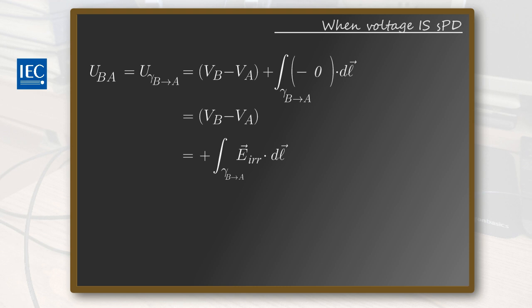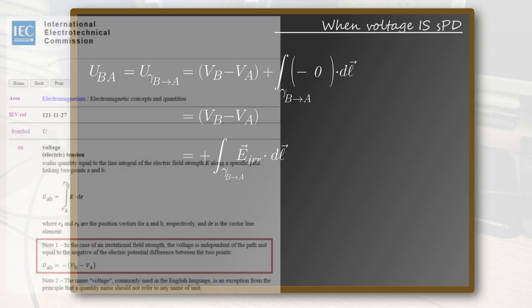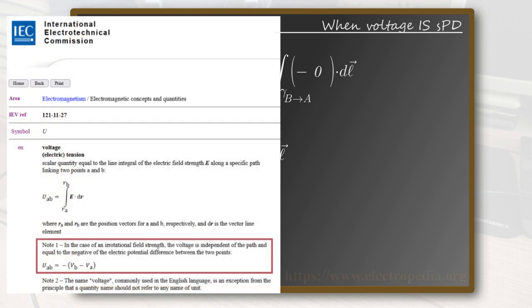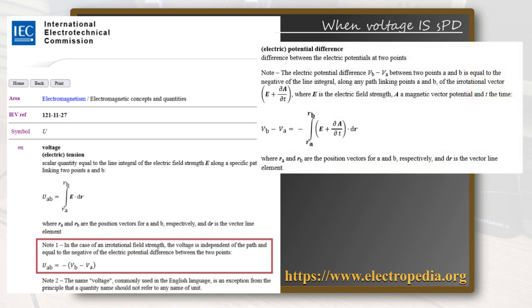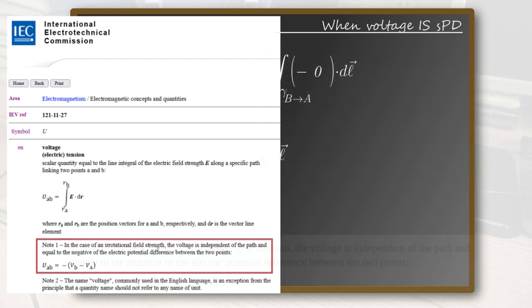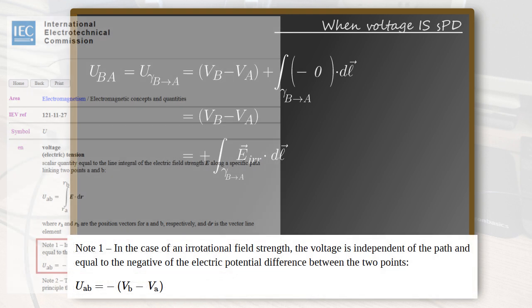This notion of path independence of voltage when the electric field is irrotational, because the dB/dt is zero in our perceivable corner of the universe, is stated as a footnote in the definition of voltage that can be found on the IEC website, obviously with the usual different choice of symbols of the Teutonic notation.